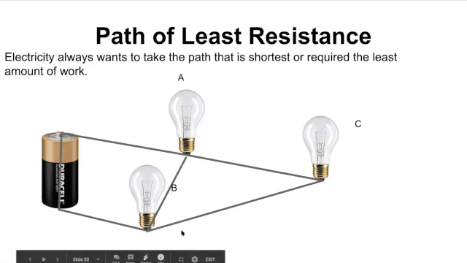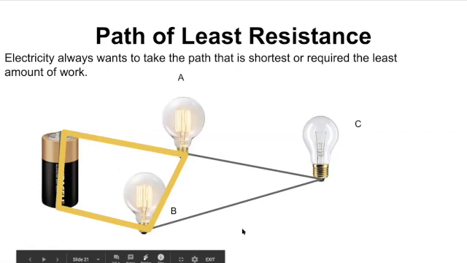So think in your head, or what you can do is hold up your finger and draw on the screen what the path is going to be that these electrons are going to flow in. If you drew your path like this, you are correct. In real life, if we made a circuit like this, only light bulb A and light bulb B would be lit.